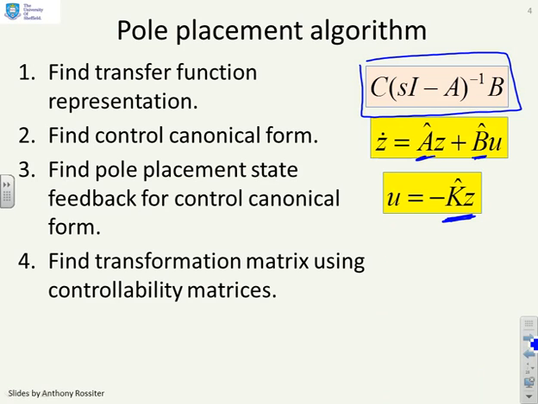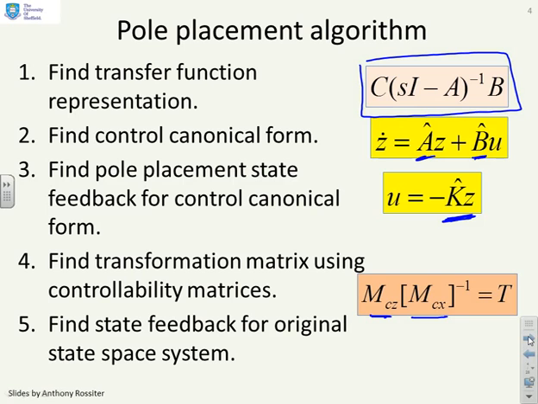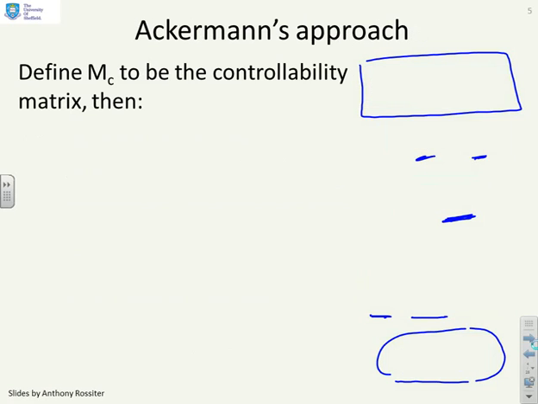Then you find the transformation which links A hat and B hat to A and B, and that transformation is given here as MCZ times MCX inverse, where MCZ is the controllability matrix for A hat, B hat, and MCX is the controllability matrix for A and B. And then finally you'll find there's a link between the state feedback in the canonical form and the original form, and it's given here, K equals K hat times T.